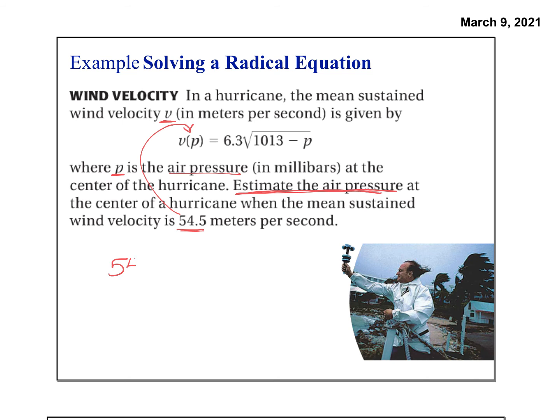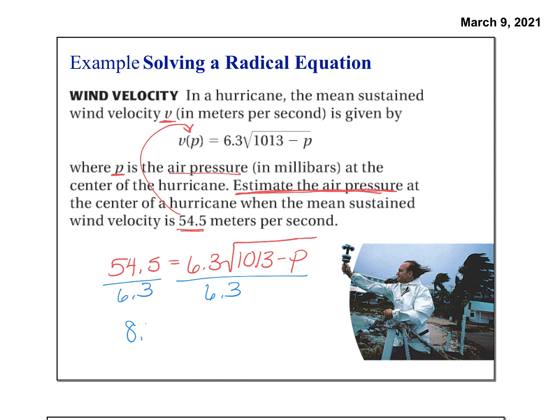So 54.5 is equal to 6.3 times the square root of 1,013 minus P. So the first thing I want to do is isolate that square root. And so I'm going to divide both sides by 6.3. So 54.5 divided by 6.3 gives me, let's see, I'm going to round to the nearest tenth.